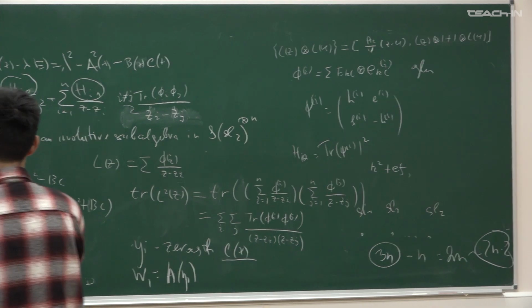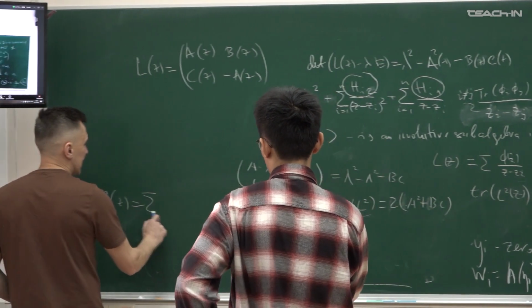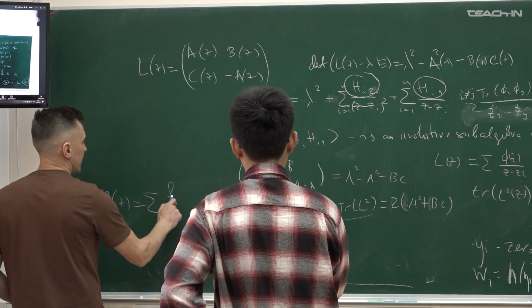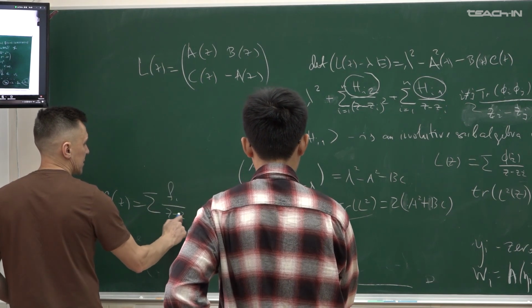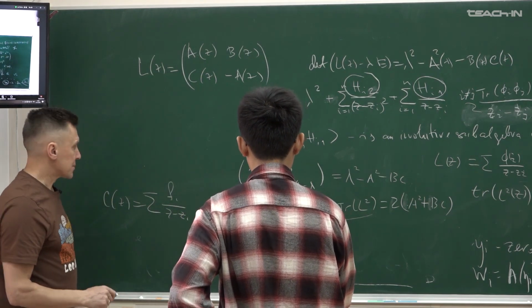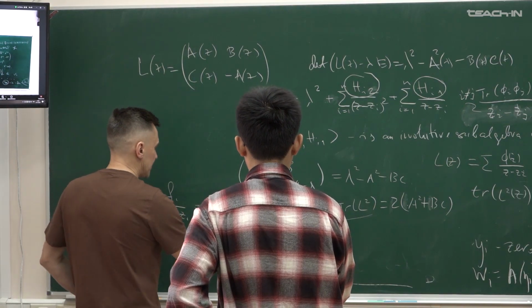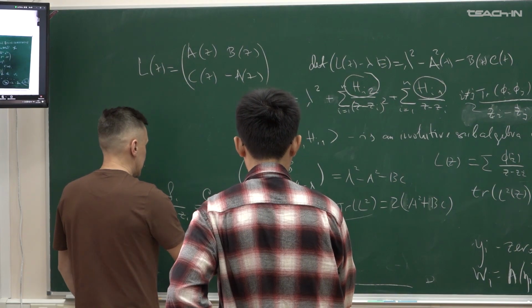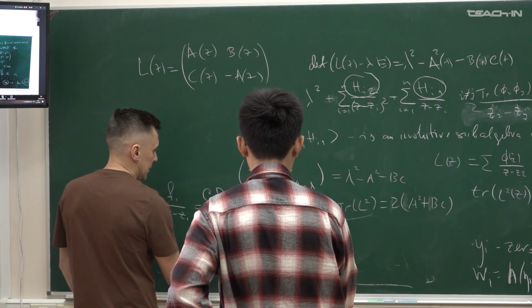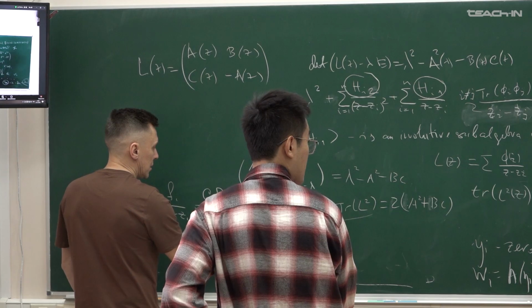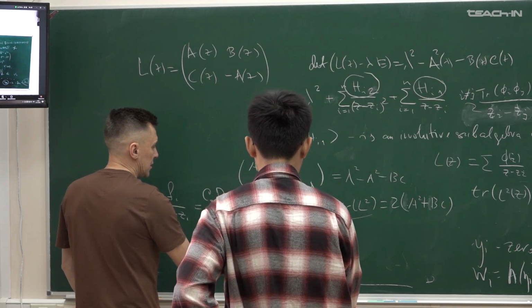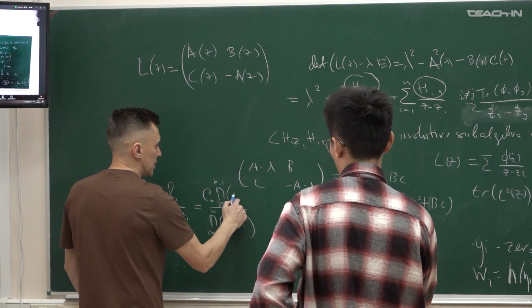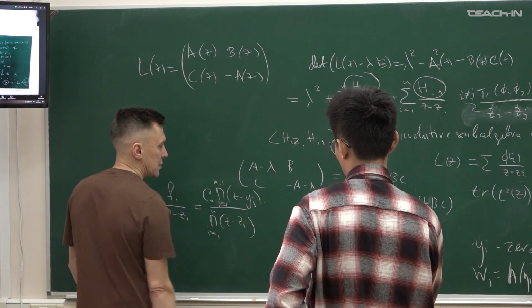So C of z is the sum of f z minus z e, product of z minus z e, C0 times product from j from 1 to n minus 1 of z minus yj.